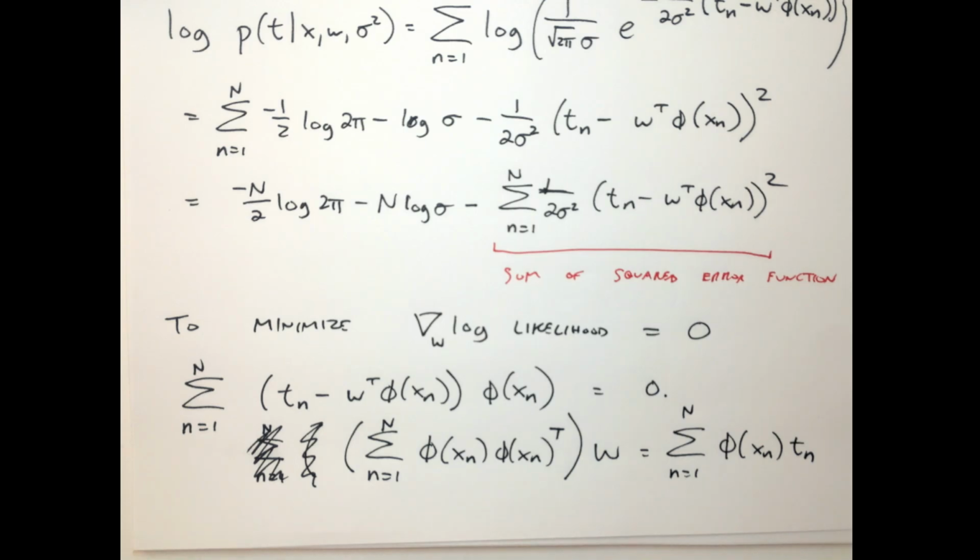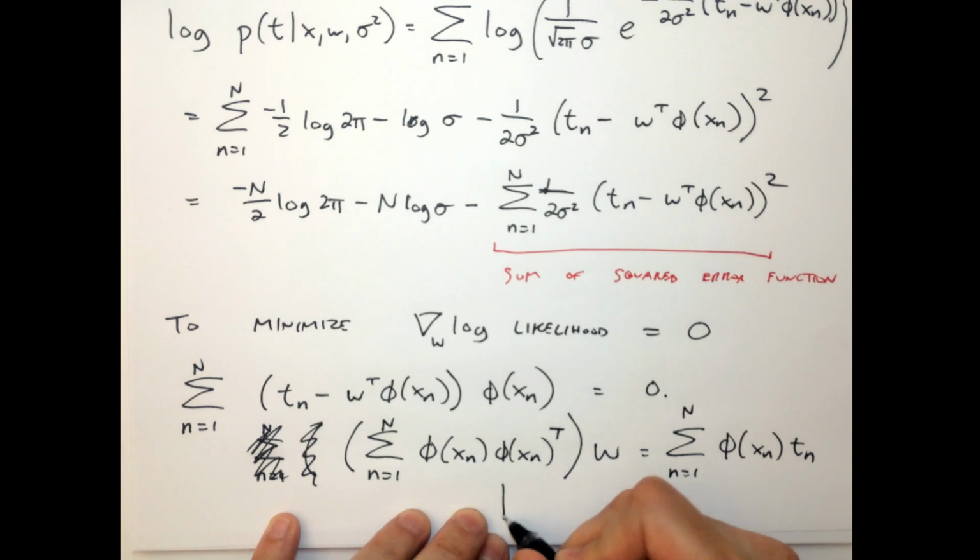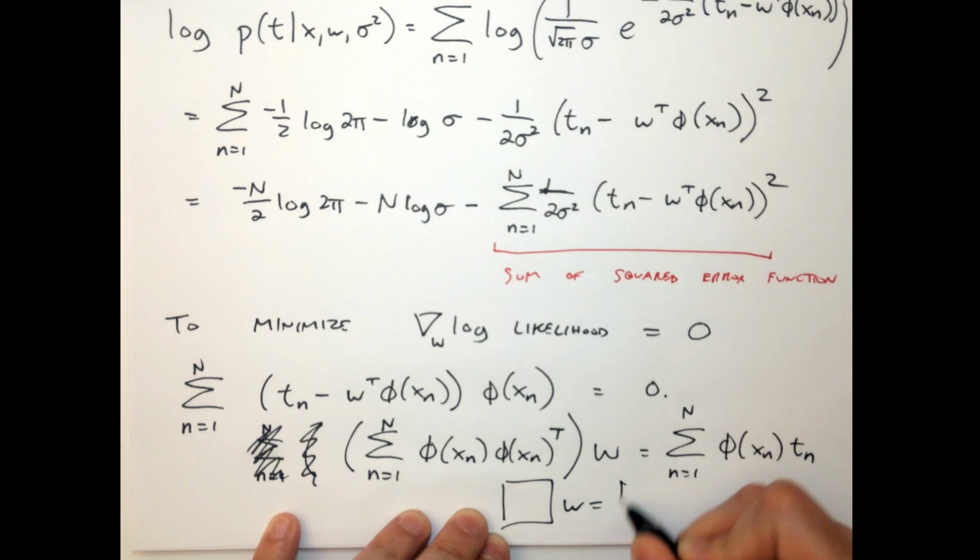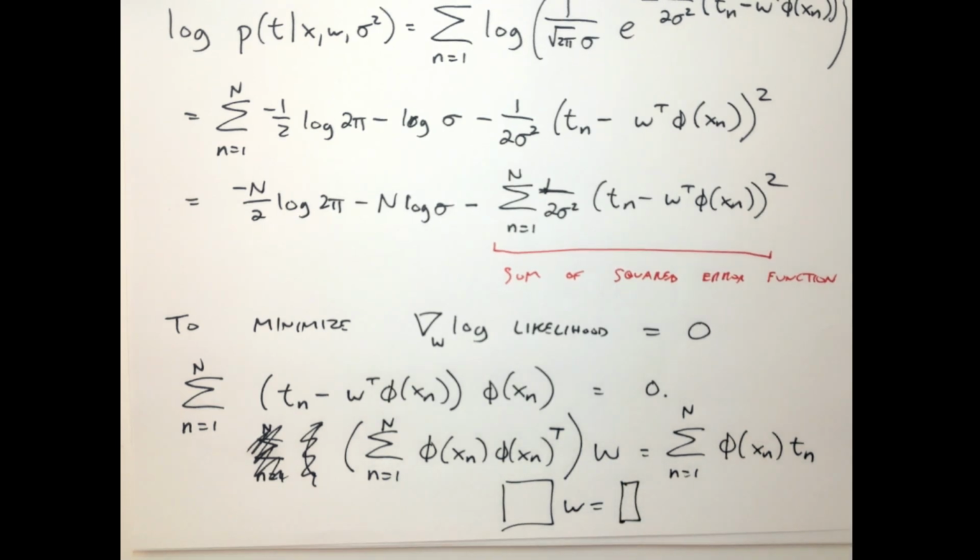The key thing to look at here is that this is some matrix times w equals some vector, right? We know how to solve that problem with linear least squares regression. That means I have the pseudo-inverse of this matrix, and I multiply that by this vector.